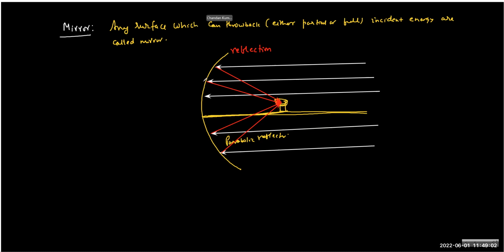The reconstruction of the image doesn't require much energy, but the brightness of the image demands more energy. So by polishing the mirror, we make sure that we reflect back the maximum amount of energy, and when the image is reconstructed by the light rays, the intensity received is good enough.